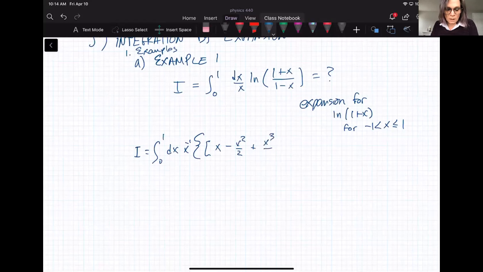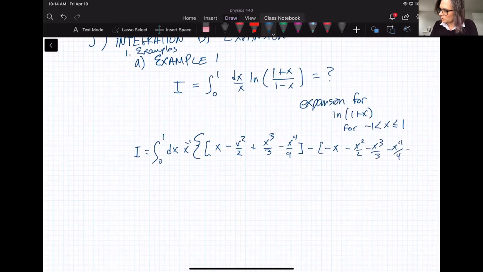And then minus x squared over 2 minus x cubed over 3 minus x fourth over 4, and so on.